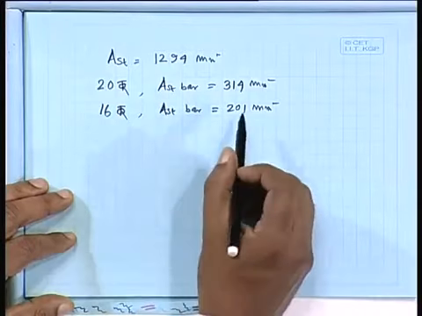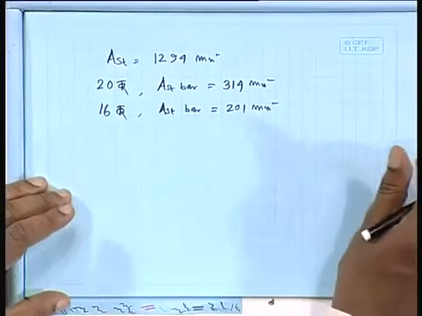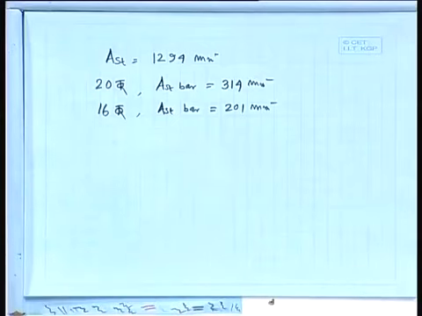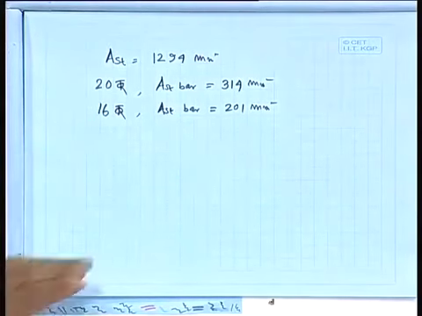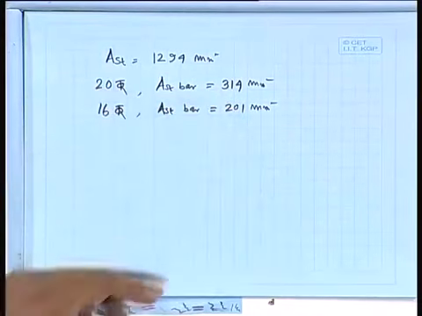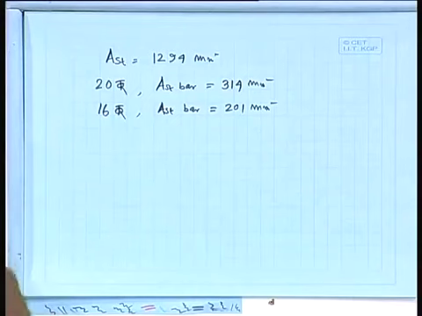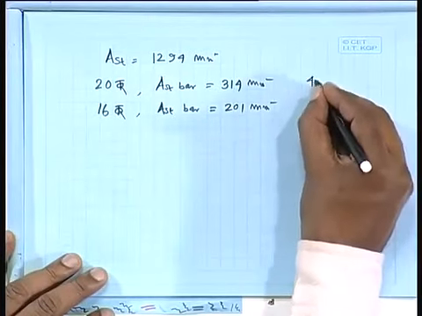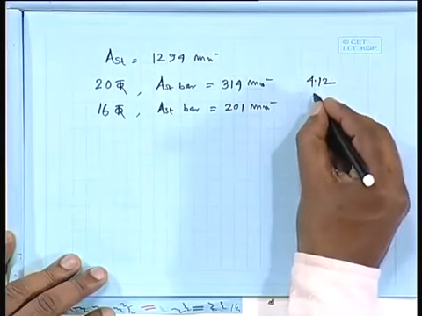Generally we use either a single bar diameter, or maximum two types; three or four we generally do not provide. If we provide 20 torr, 1294 by 314 comes to 4.12 numbers.